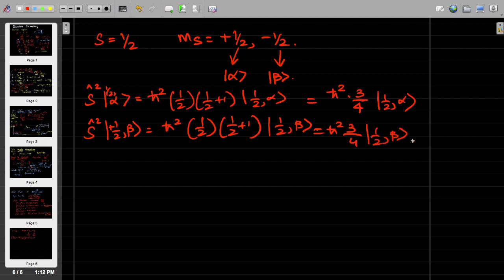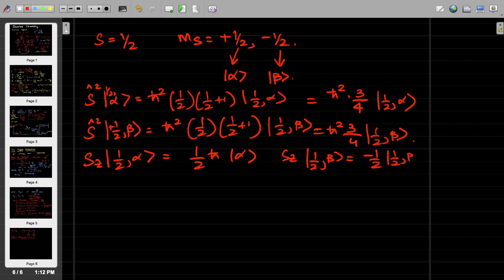So you end up getting something like this. On the other hand, when you apply S_z on |1/2, alpha>, you are going to get half h cross times alpha, and S_z on beta is going to be minus half h cross times beta. For the sake of simplicity, I am not going to write |1/2, alpha> or |1/2, beta> anymore. I am just going to refer to this as alpha and this as beta, since we are associating only with the electron spin right now.